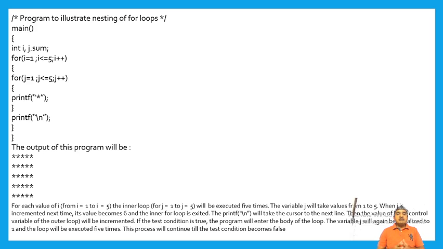If the test condition is true, the program will enter the body of the loop. The variable j will again be initialized to 1 and the loop will be executed 5 times. This process will continue until the test condition becomes false.